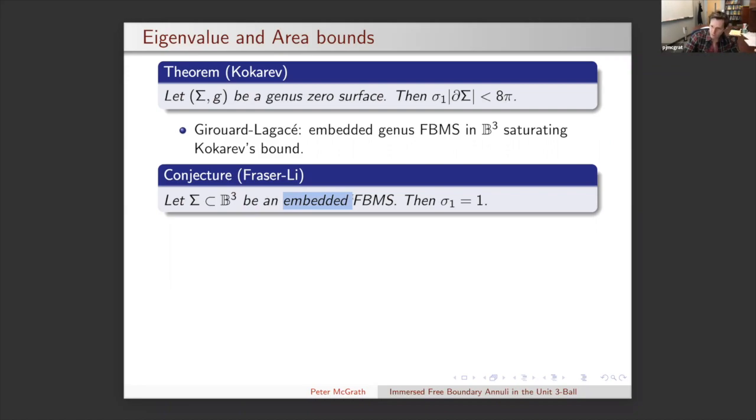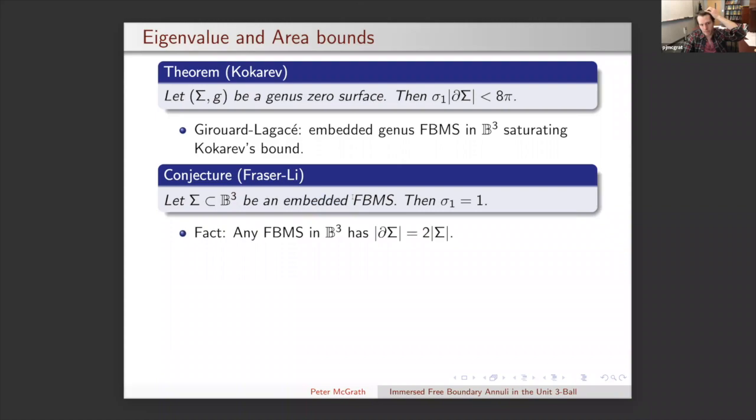So we know from the previous slide that the coordinate functions are Steklov eigenfunctions with eigenvalue 1, and the claim is that they are the first eigenfunctions. So 1 is indeed the first eigenvalue. So this conjecture has a lot of very strong consequences. I will mention a couple of them here.